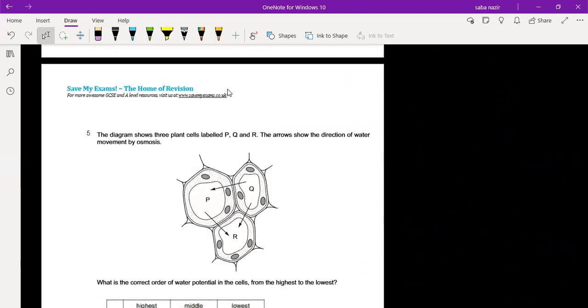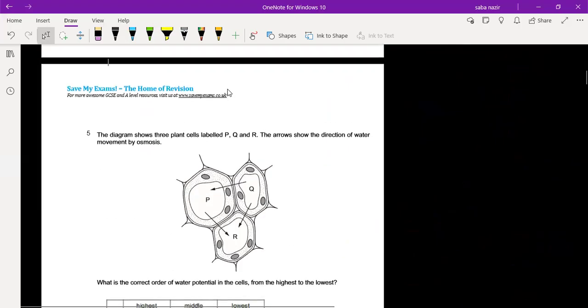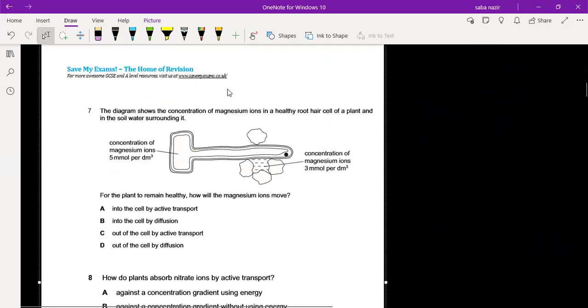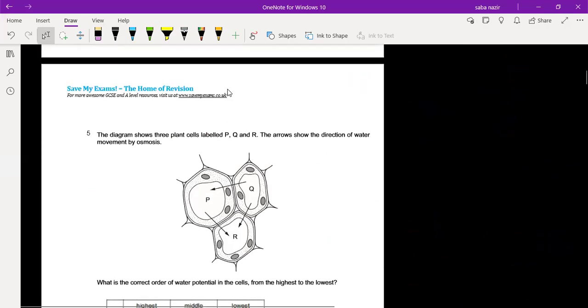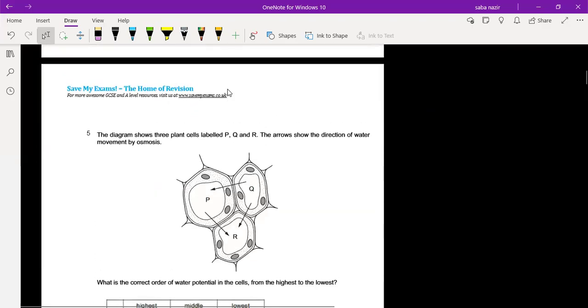Now, let's consider the next question. Here, basically, they have given us three different cells, right? And they are asking which of the cells is going to have the highest water potential and the lowest water potential.